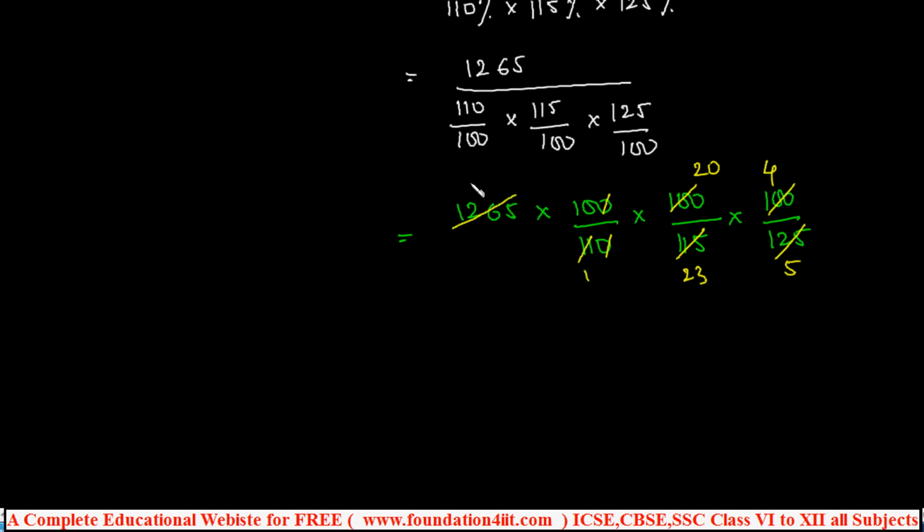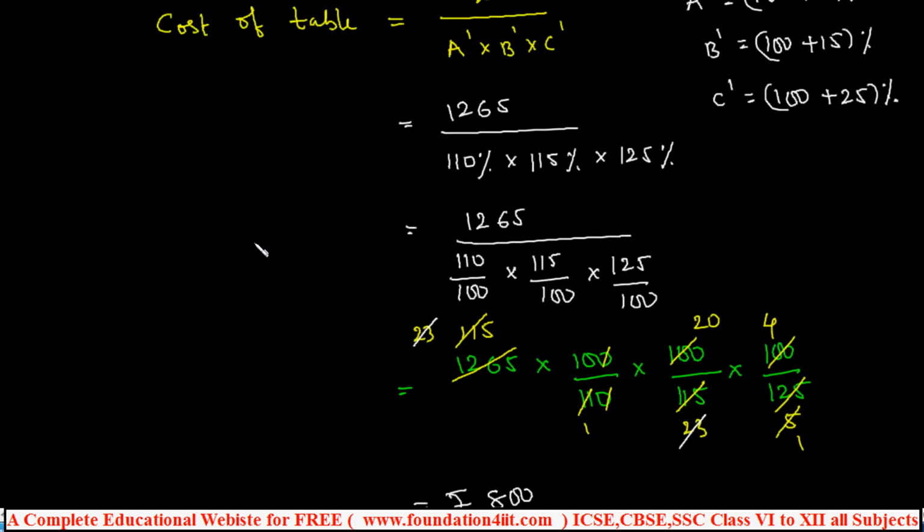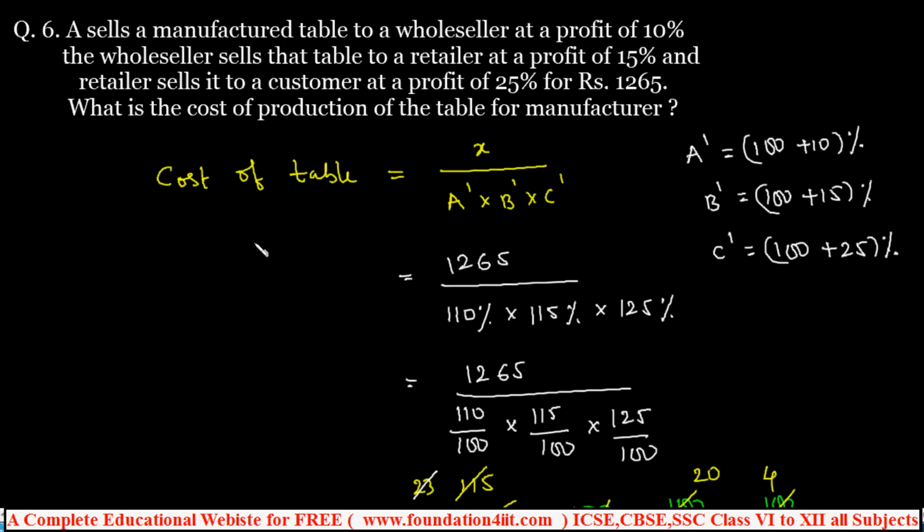Finally, 23 and 23 also cancel. So finally we got 10 into 24. How much is it? 20 into 4 is 80, into 10, rupees 800. So the cost of the table by the manufacturing company is 800 rupees.